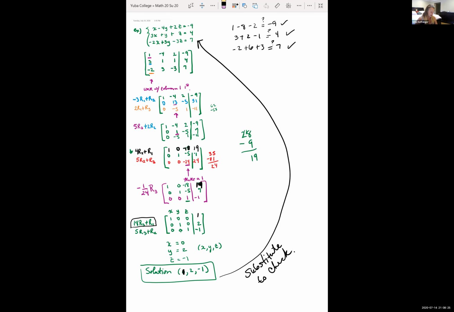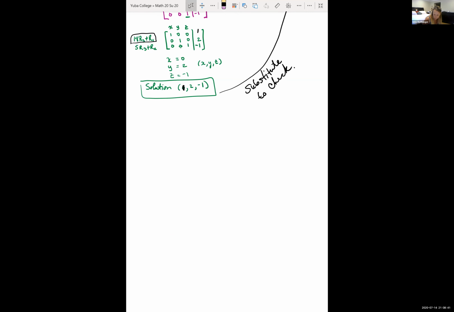Okay, so let's see. Look at one more. So let's say you were given first row is 2x minus 3y minus z equals 0.